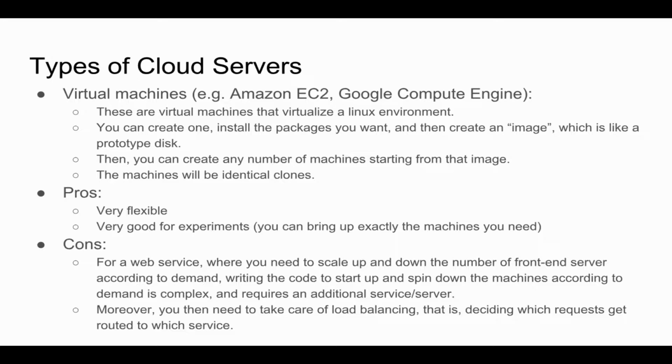Because if you're using these machines to serve web pages, which is our main concern in this class, the problem is that ideally you would like to switch on and off the machines according to the number of requests you're receiving. And there is no such automatism for virtual machines. So you need to write your own code for deciding how many machines to spin up and down, depending on the request. And you also need to configure your own load balancers.